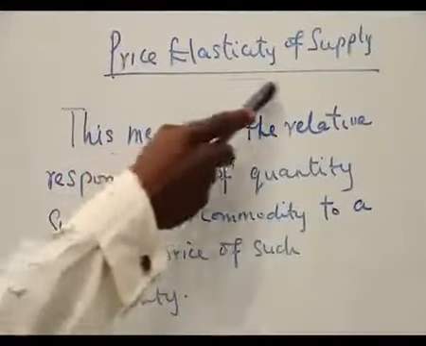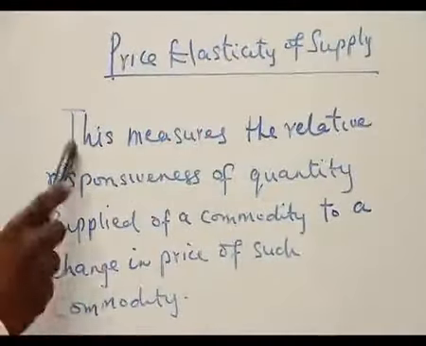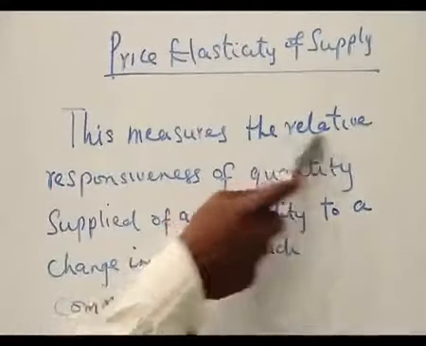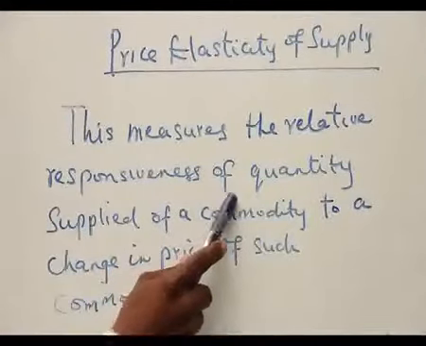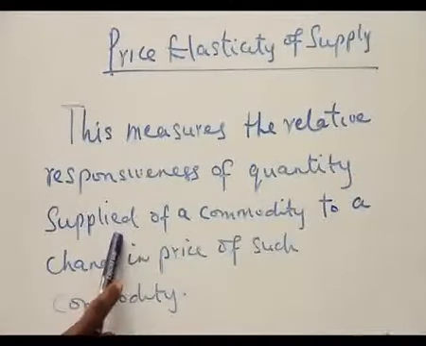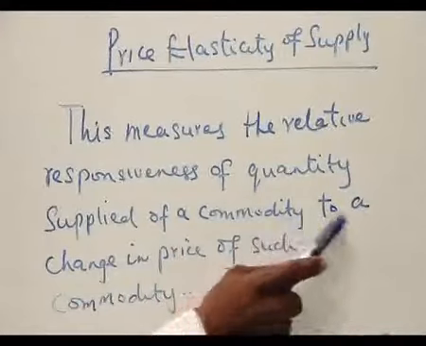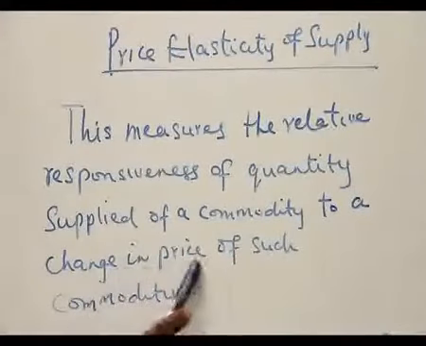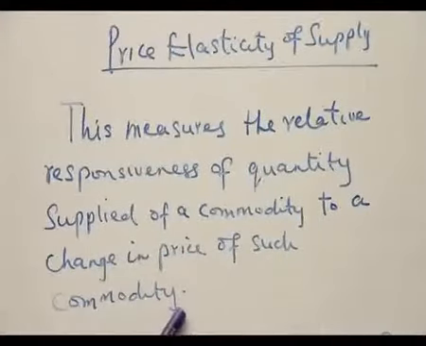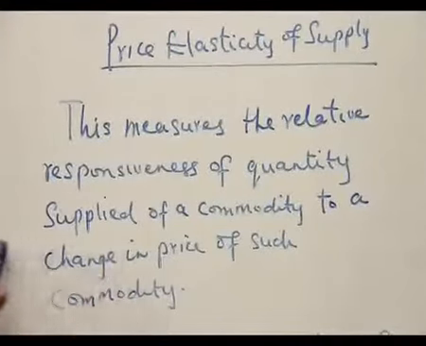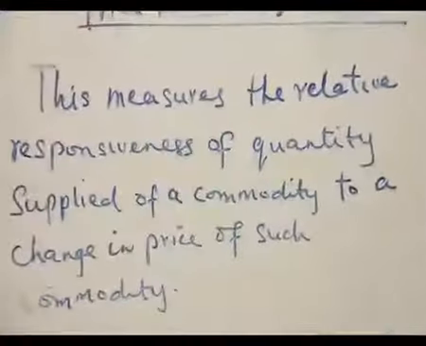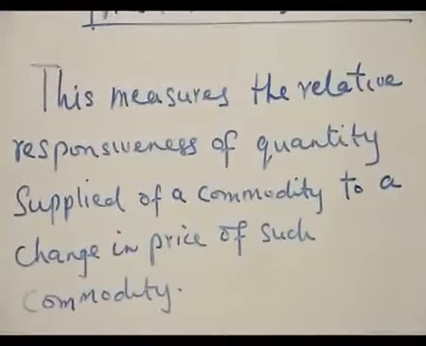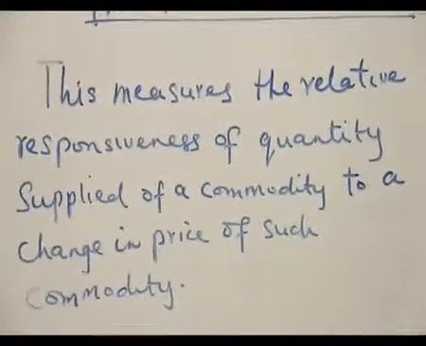Price elasticity of supply measures the relative responsiveness of quantity supplied of a commodity to a change in price of such commodity. We are trying to look at the response that quantity supplied will have when there is a change in price of the commodity.